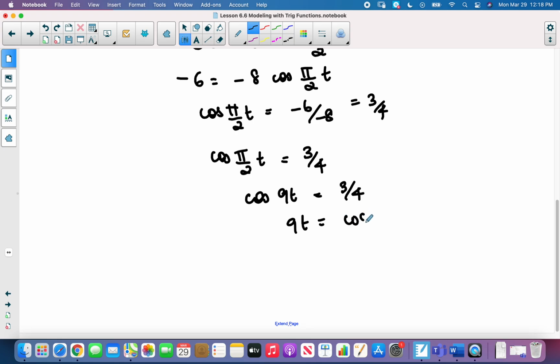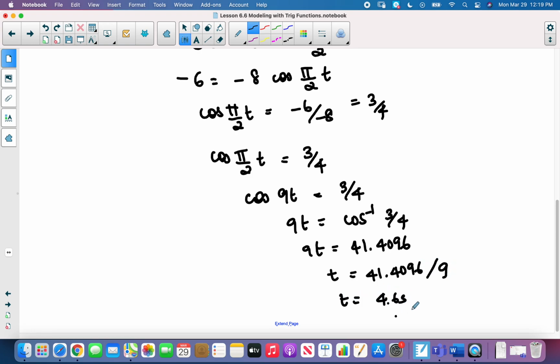Pi over 20 t is cos inverse of 3 over 4. Pi over 20 t equals 0.7227, which is 41.4096 in degrees. And t is equal to 41.4096 divided by 9. T is equal to 4.6 seconds.